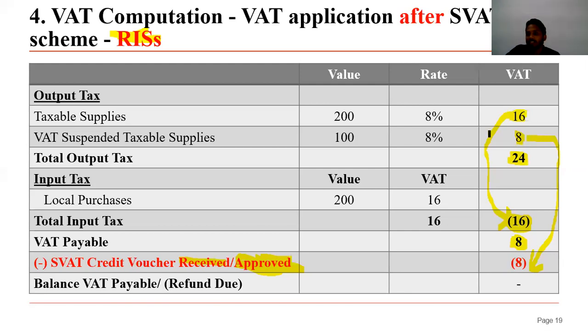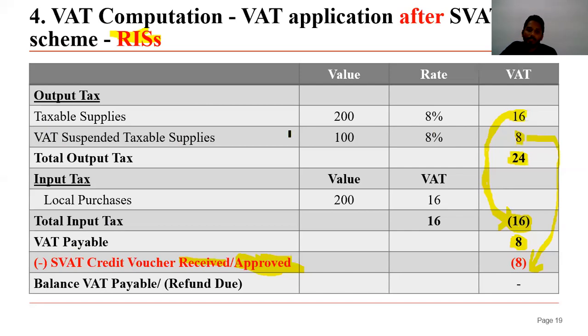The 16 million is the one being referred to here, the taxable supply they are deducting. Let's assume you don't have taxable supply and you have only suspended supply of 8 million. Then they have to issue a credit voucher, and you can deduct 8 million out of this supply.